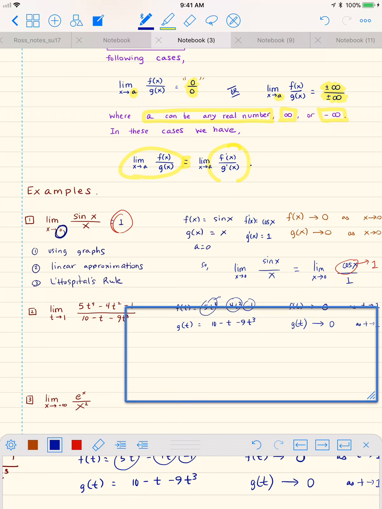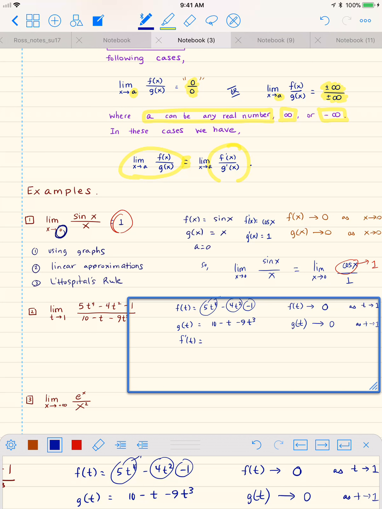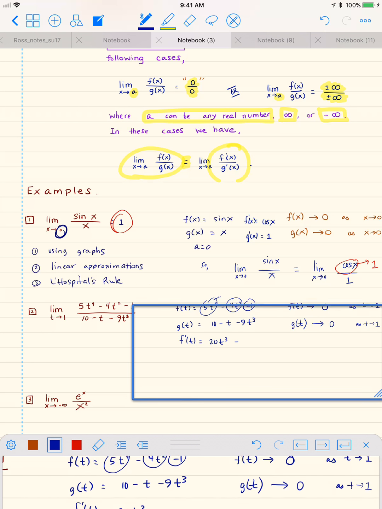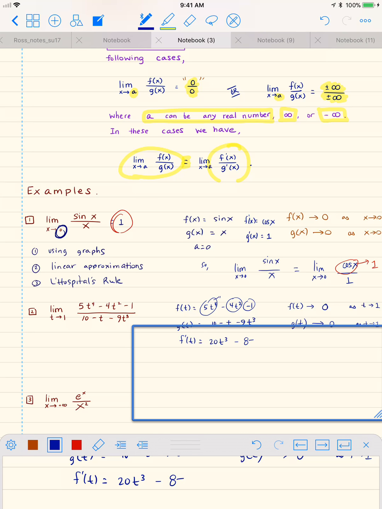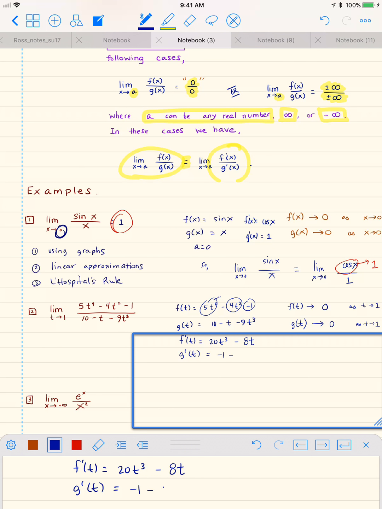So let's go ahead and compute our f prime of t, which is equal to, we had 5t to the fourth, so we'll have 20t cubed minus, what is that, 8t. And then g prime of t is going to be equal to negative 1 minus 27t squared.